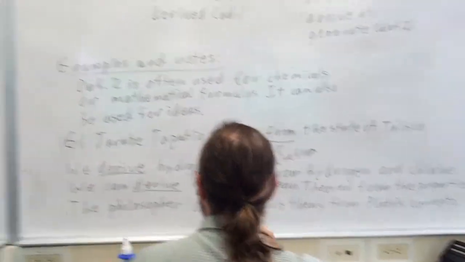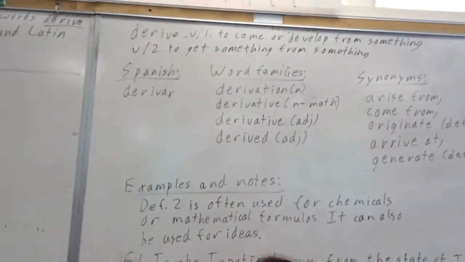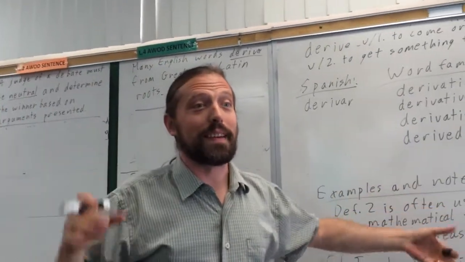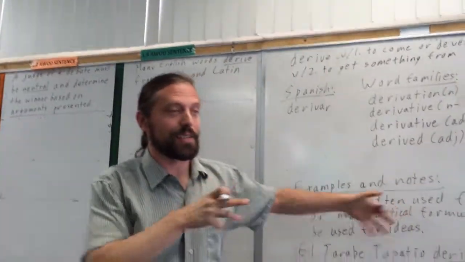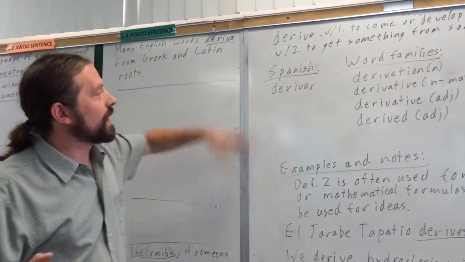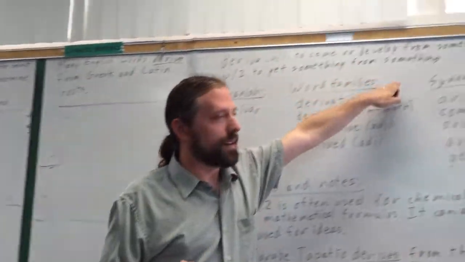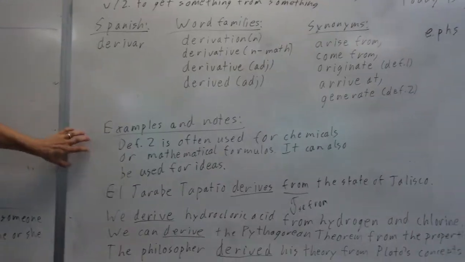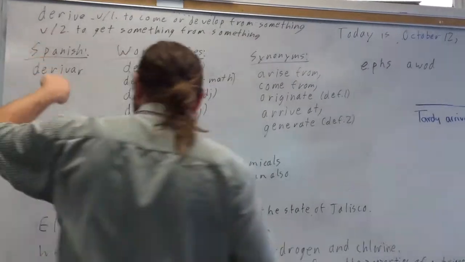Sometimes, when academic people are making ideas, theories, they get them from somebody else's idea. They start with somebody else's idea and then they change it and they make their idea. So they get the idea from another idea. Those are three situations where we can use derive, definition 2.